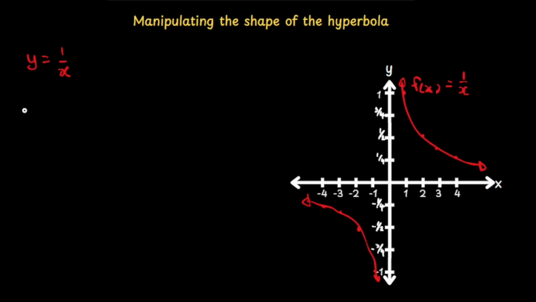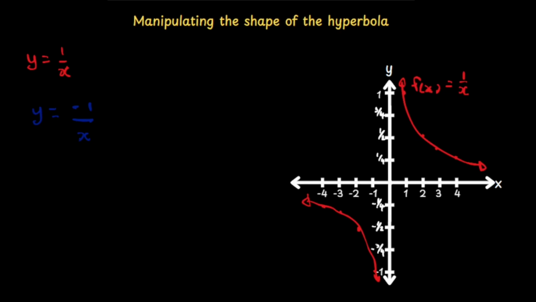So the equation for this new function would be y is equal to negative 1 over x. And in order to see what effect this negative 1 has on this natural hyperbola, I'm going to plot it. As we know, when we plot any function, we start at the origin 0. So let's go ahead and do that.